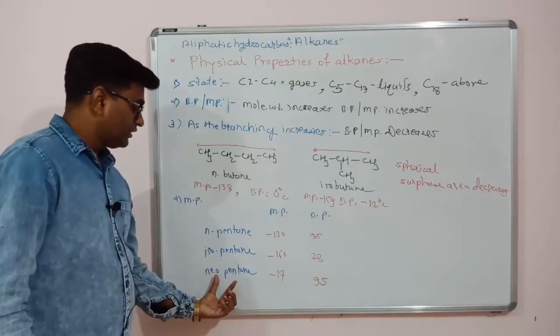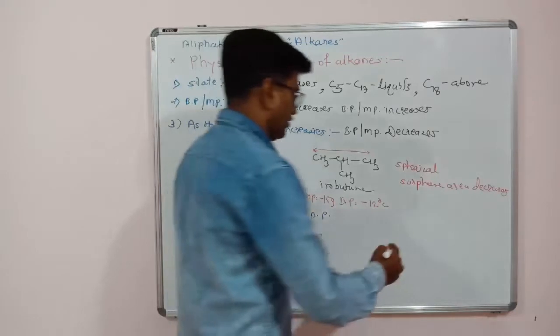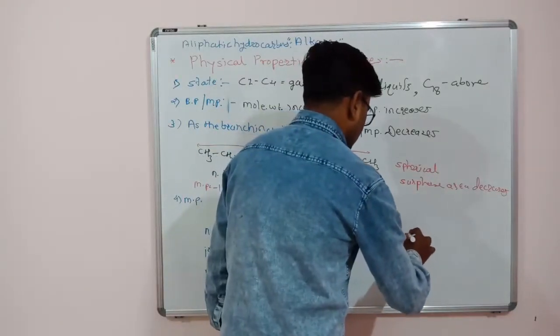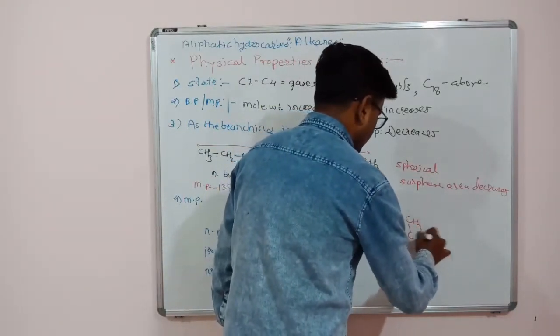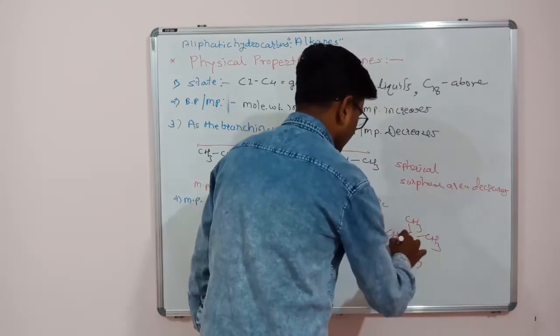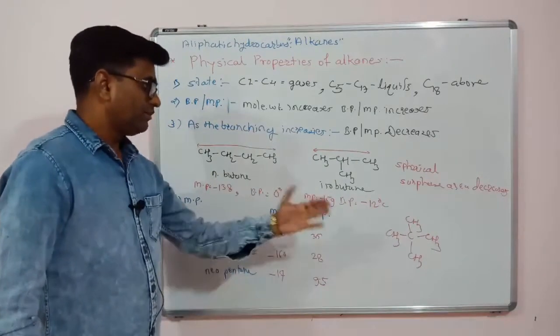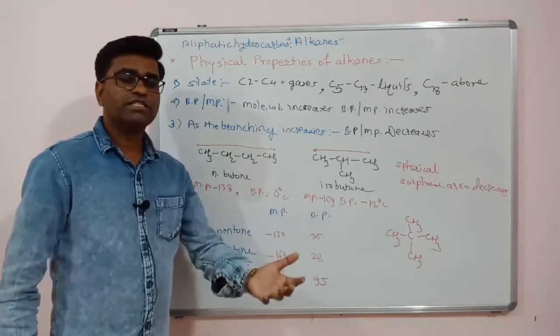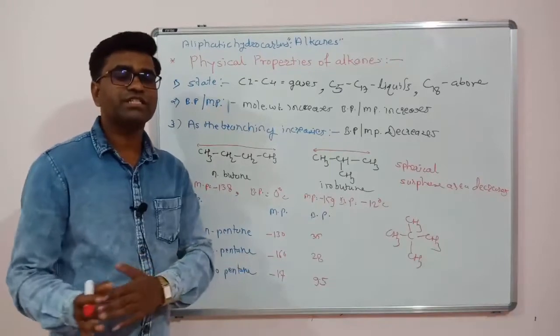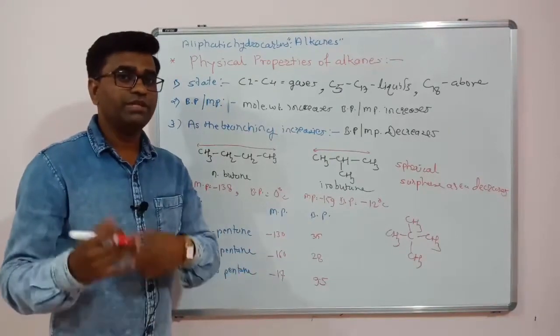But if it goes to neopentane, then branching is again increased, because the structure of neopentane is like this: C with CH3, CH3, CH3 and CH3. So branching is high, but that molecule becomes more symmetrical and fits into the crystalline lattice, so the melting point is increased.